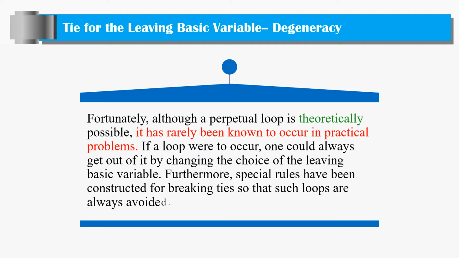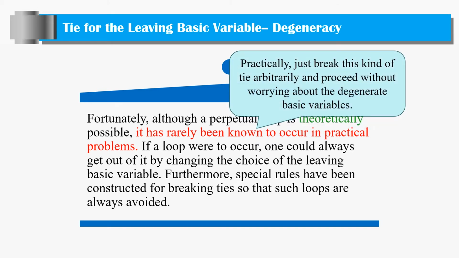Furthermore, special rules can be constructed for breaking ties so that such loops will always be avoided. So practically, if we have two tied leaving basic variables, we can just break this kind of tie arbitrarily and proceed without worrying about the degenerate basic variables.